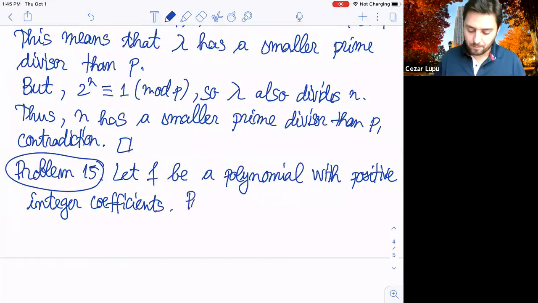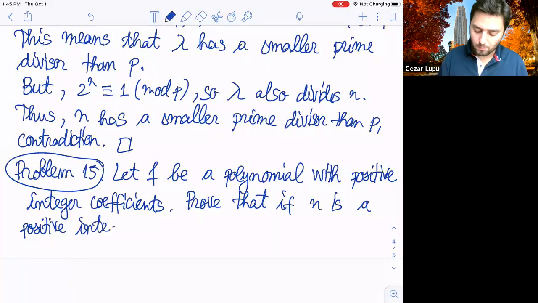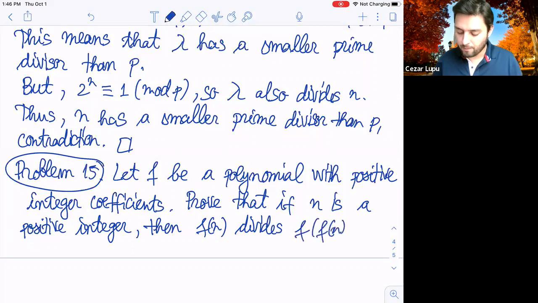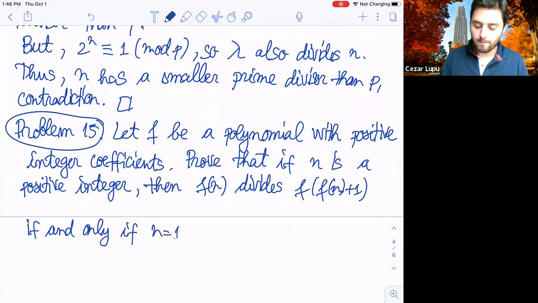Prove that if n is a positive integer, then f of n divides f of n plus 1 if and only if n equals 1.